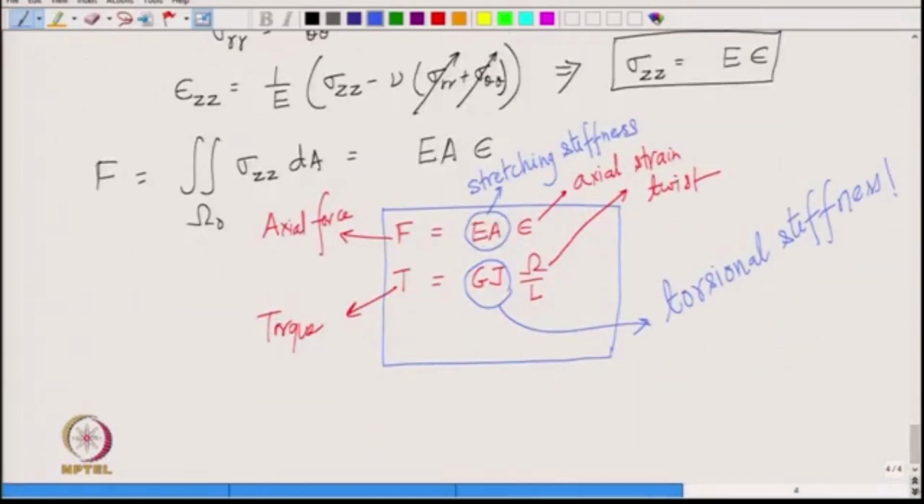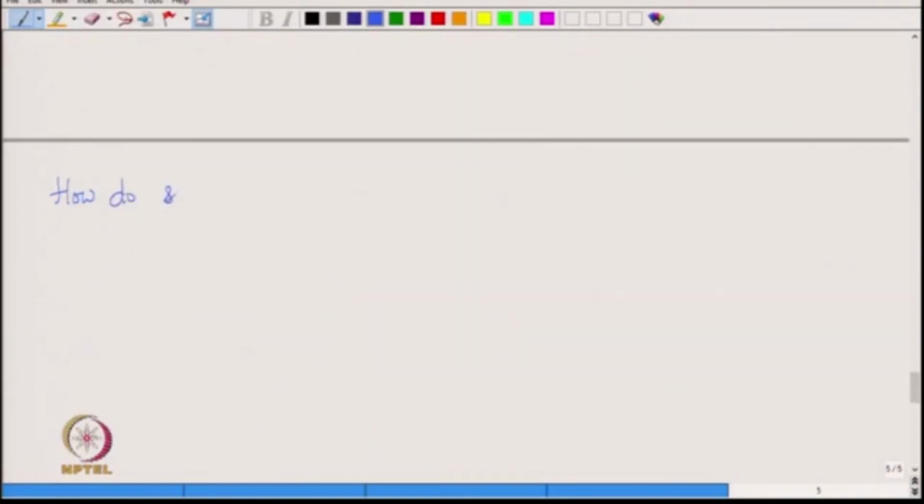So, the question is, how do shear stress tau theta z and the shear strain gamma theta z vary in the cross section? So, this is again very interesting.